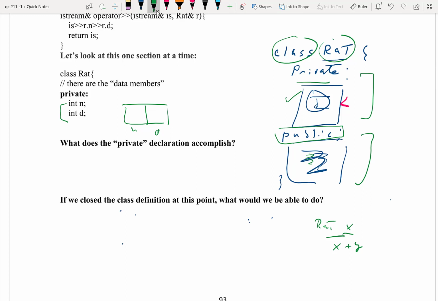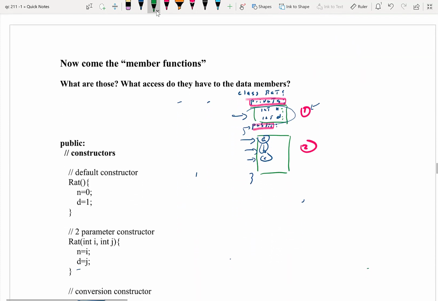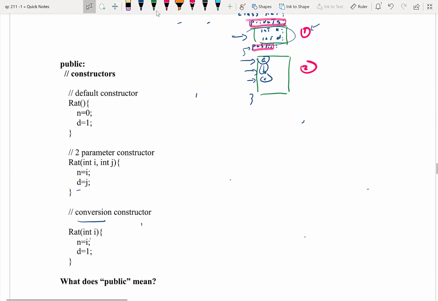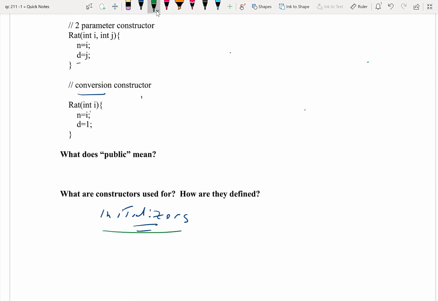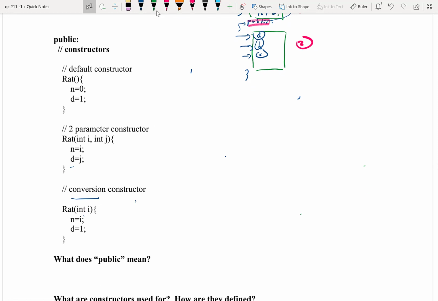After we saw how to declare those things, we then looked at some of the member functions. Specifically, we looked at the constructors and then the getters and the setters. So what were the constructors about? The constructors were initializers, and they have a special syntax.